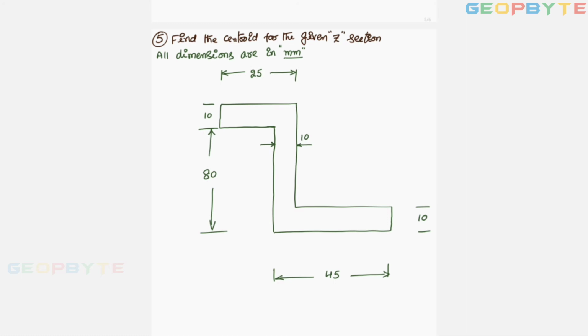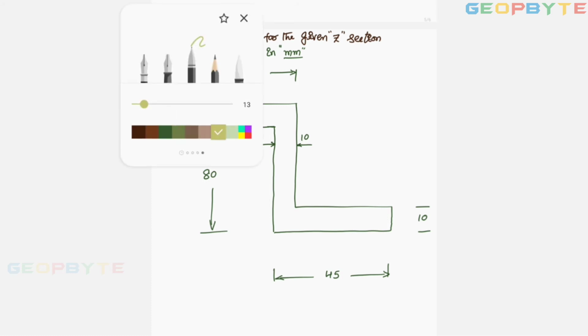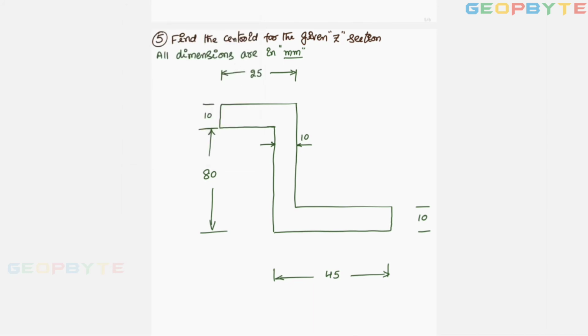That's why you need to find the centroid on x-axis and y-axis. For that, let me cut the section into three blocks like this. Let this is the section 1, this is the section 2, and this is the section 3.